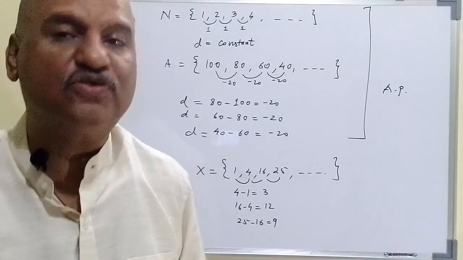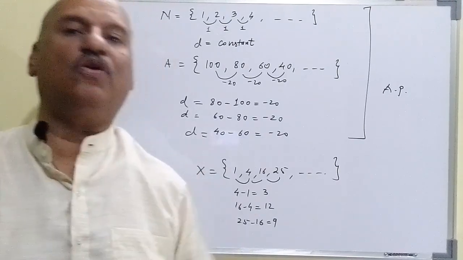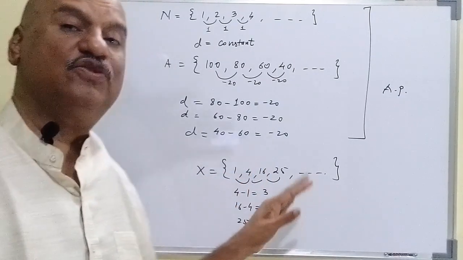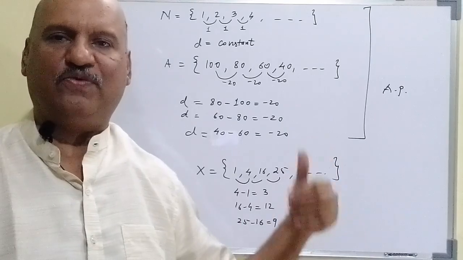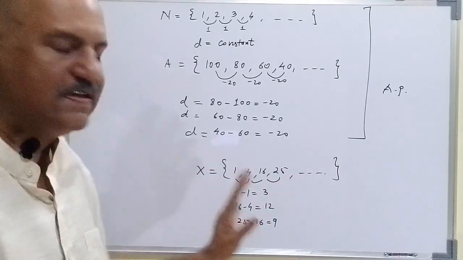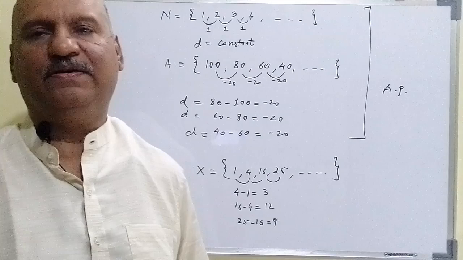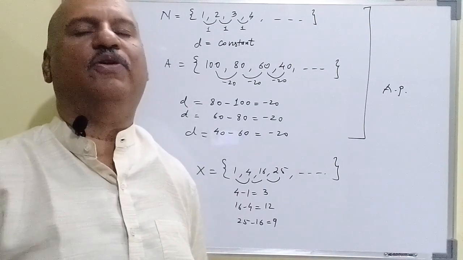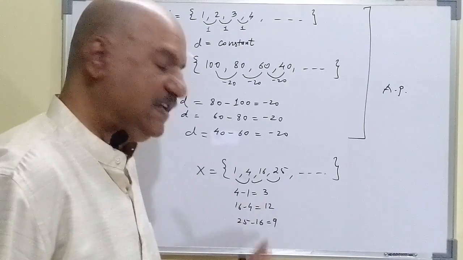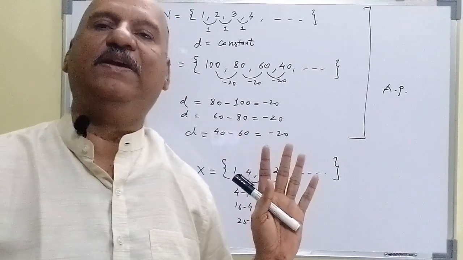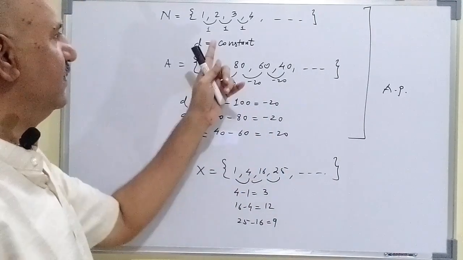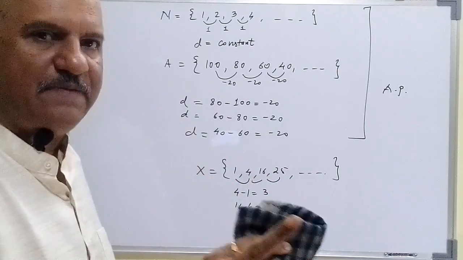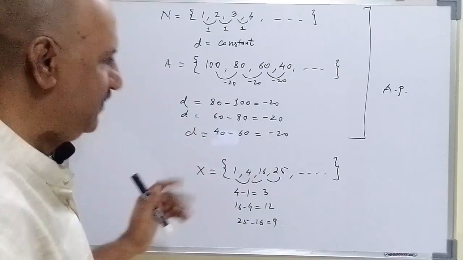Is there any common difference? No, the difference is not common. They are squares, 1 square, 2 square, 3 square, and so on. This is not an arithmetic progression. When D is not common, it is not AP. D common, D constant, like here 1, 1, 1, here minus 20, then it is AP. Not constant, not AP.